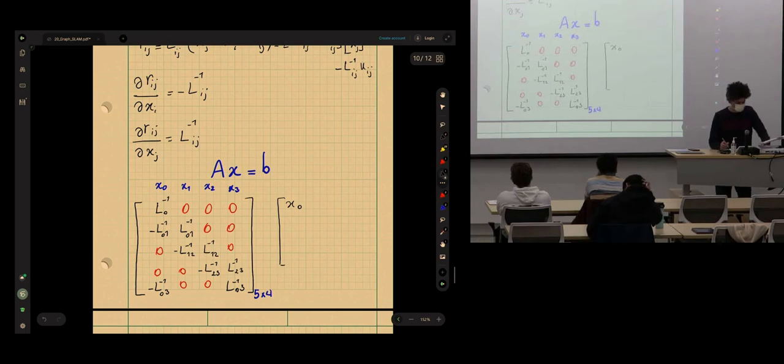So it's a simple example. There's already a lot of structure to learn from this Jacobian. Do you notice any pattern?